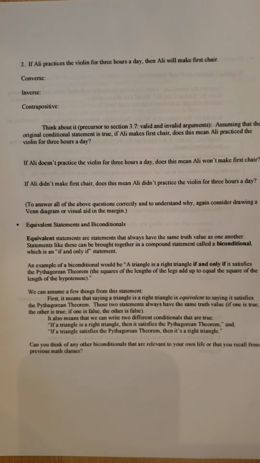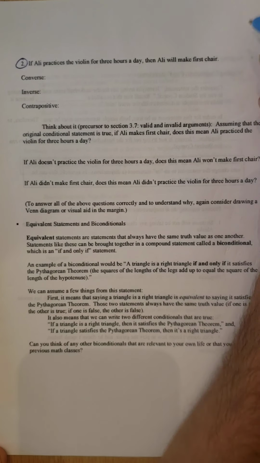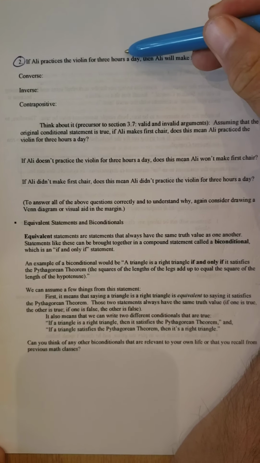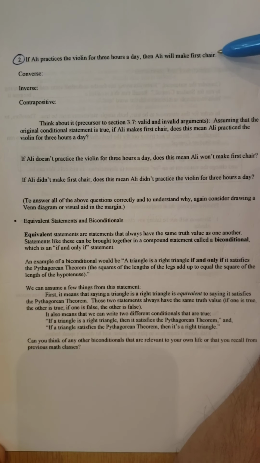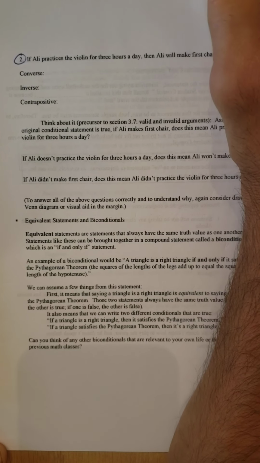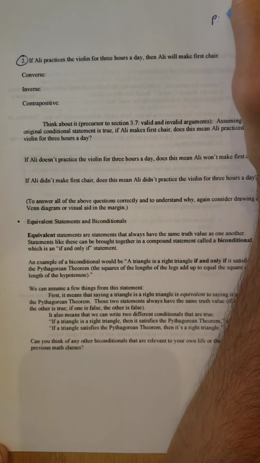Okay? So, number 2, I want you guys to do on your own. Okay? If Allie practices the violin for 3 hours a day, then Allie will make first chair. So again, you may want to make a note, okay?